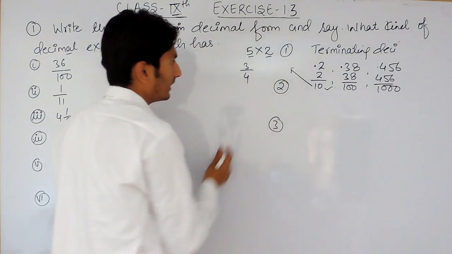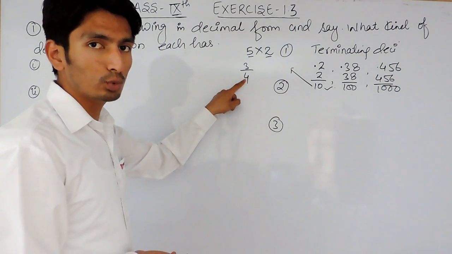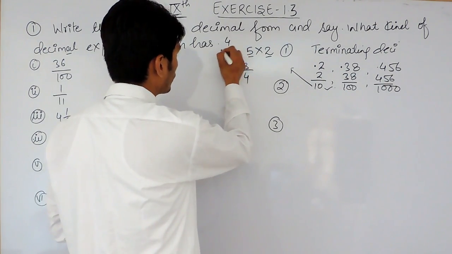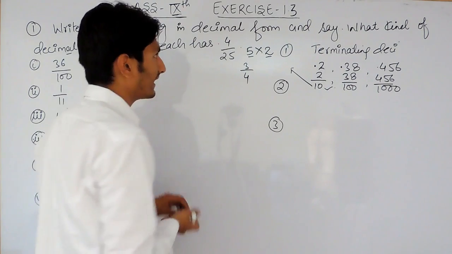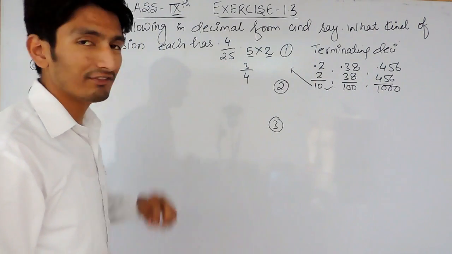3 upon 4, again this will terminate, because in the denominator this is a power of 2. Again if I say 4 upon 25, this will terminate because there is only a power of 5.